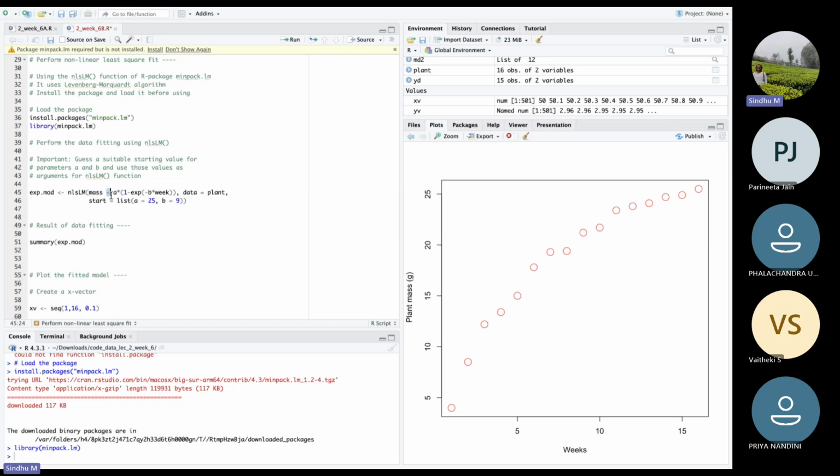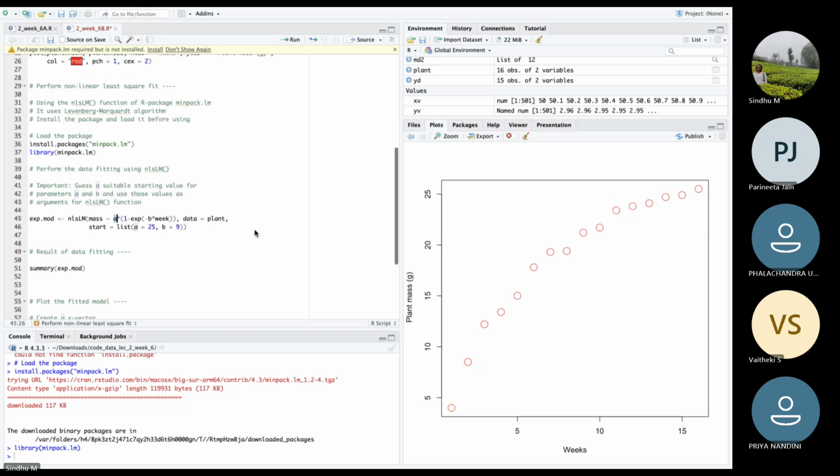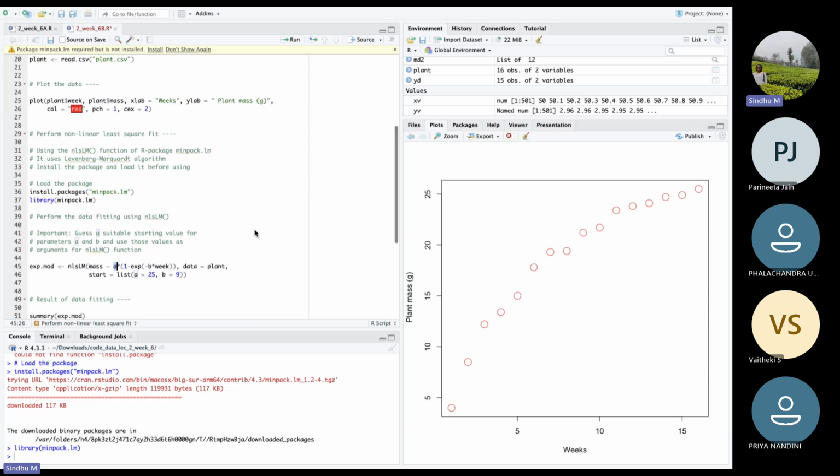And this tilde sign is the same as we had for LM as well. And then you have a to the power. As we discussed, it looks like an exponential function if you see here. There is an increase and then it is leveling off. That's why we are using this exponential function here.